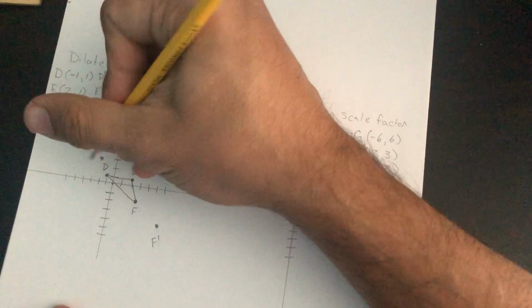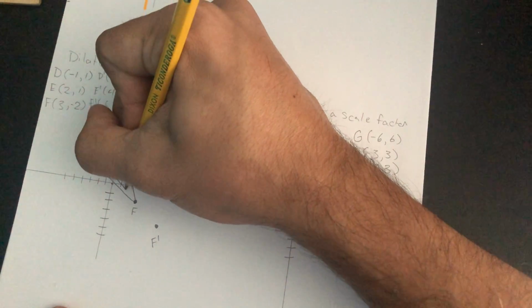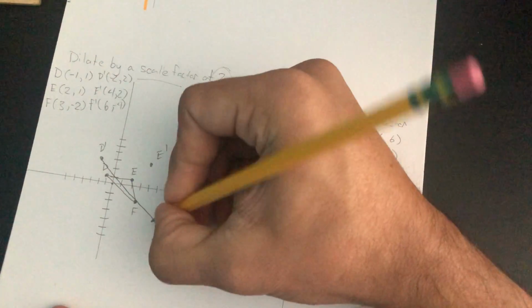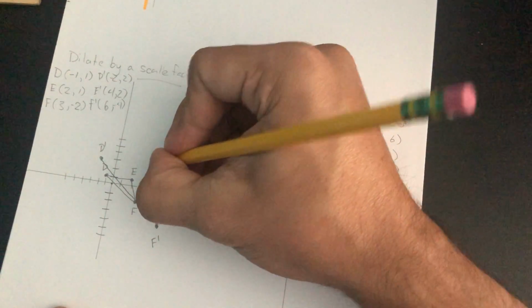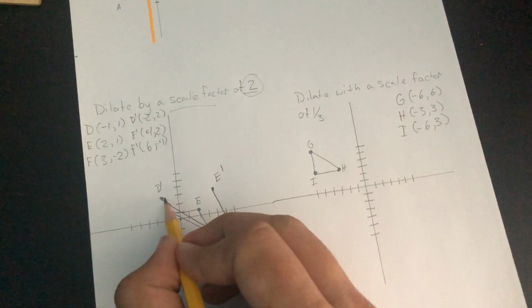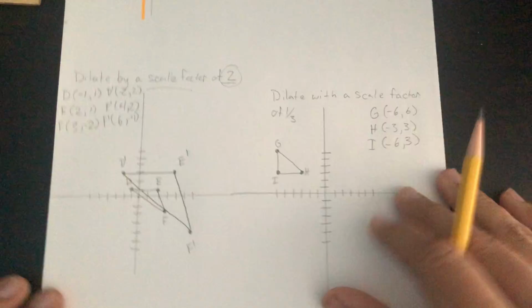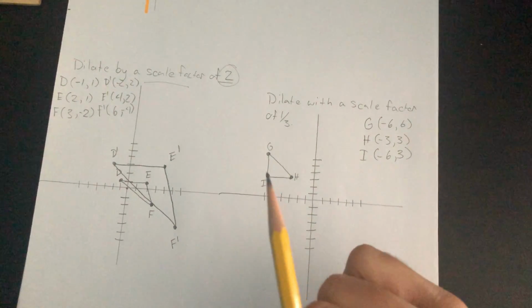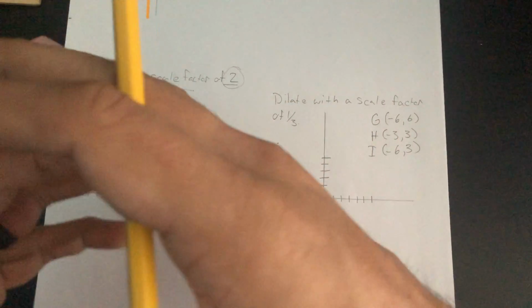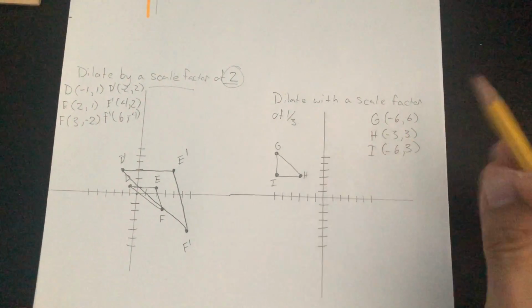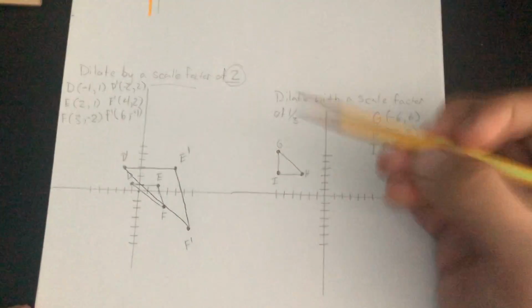So our new one is this big triangle that is right here. So this triangle is a dilation. Okay, it's gotten larger. So if dilation means multiply, how would you shrink it?